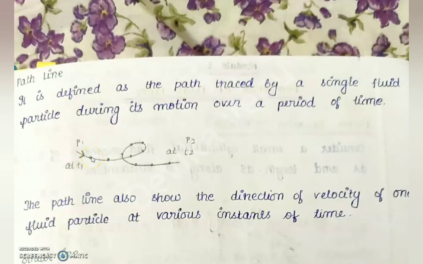What is the position of the point after 1 second after T1? It will be this. So you are tracing the path followed by this particular point at different times, and you are drawing the path. That is known as the path line. So it is the path followed by a single fluid particle, and we are tracing the path. So that is known as a path line.